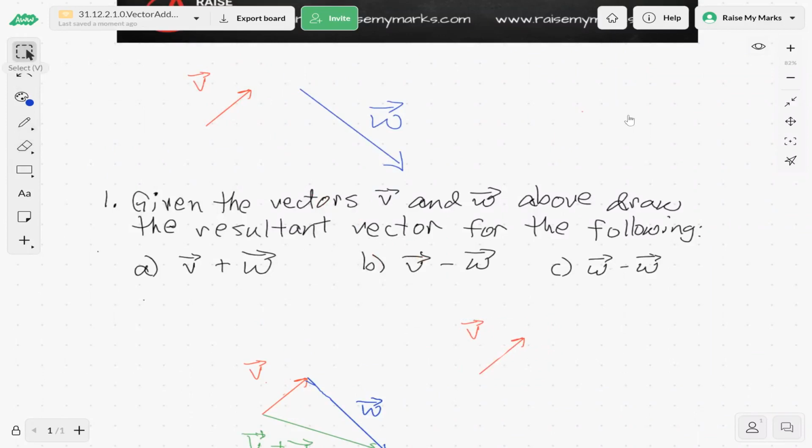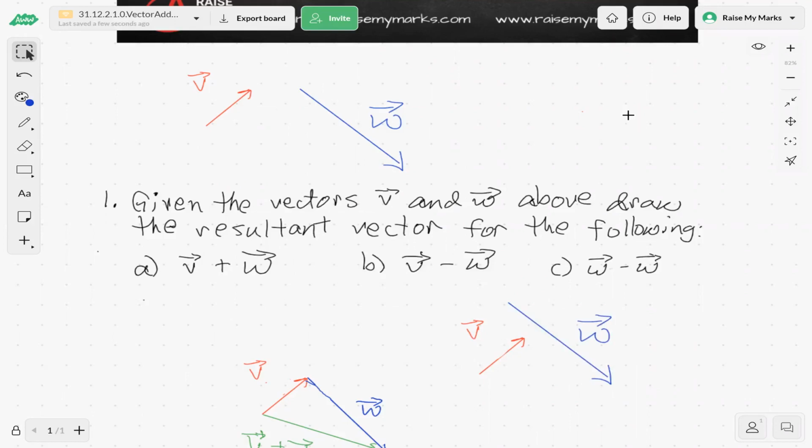Then we're going to make a copy of our w vector. Now, I wonder if we can rotate it. No, we cannot. Okay, so that's our w. However, we have v minus w.